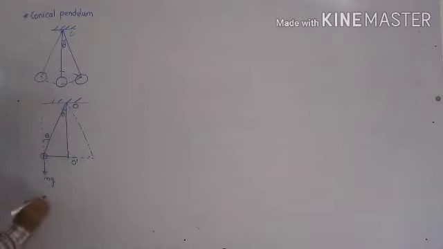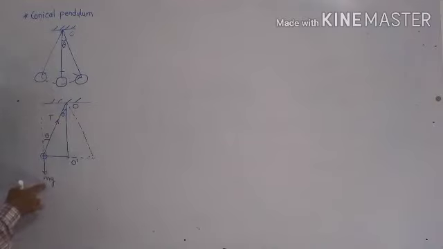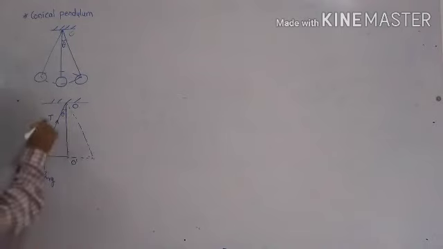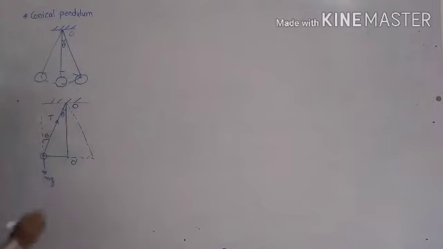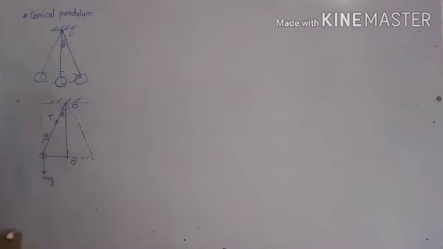You know that due to the mass of the bob, there is the tension in the string, that is T. Now this T is acting towards the vertex, because it has to support the weight of this spherical bob. I am taking it separately.